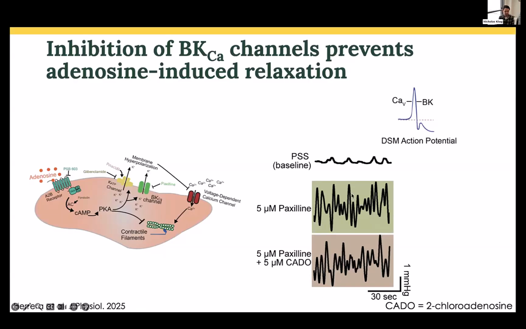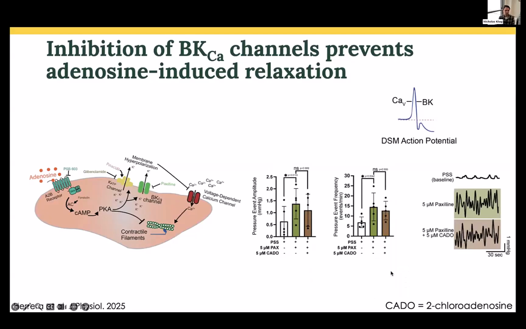So we figured, this is enhanced, but if adenosine was working through some other inhibitory target, we'd see some reduction of this contractile force, and we didn't see that at all when we pre-incubated with the BK channel blocker paxilline.